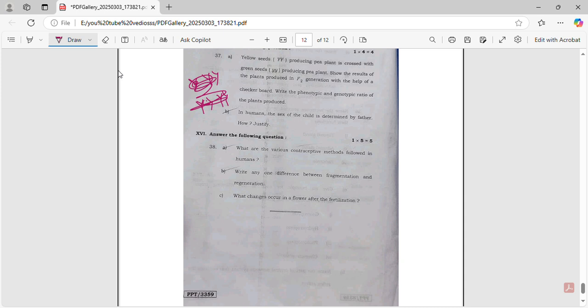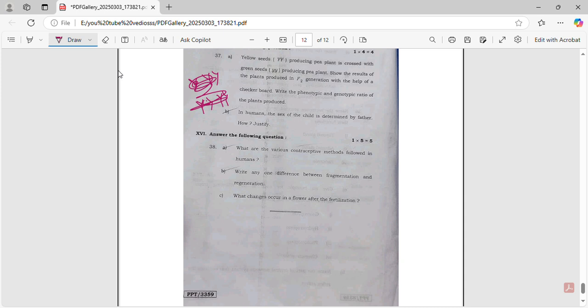You can draw the checkerboard, with the phenotype and genotype ratios also. Sex of the child is determined by the father. How? If the father produces a sperm containing an X chromosome, then a girl will be produced. A sperm containing a Y chromosome will produce a boy.